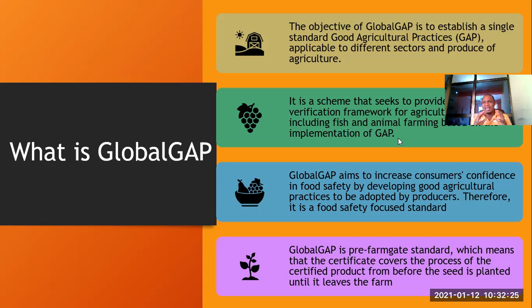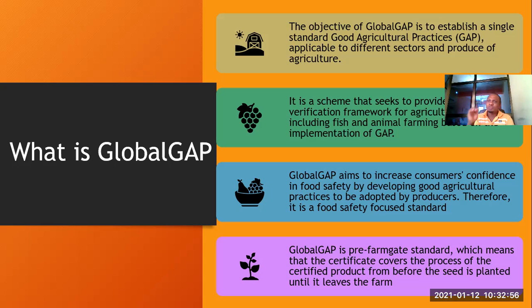So as a certification entity or as a standard developing entity, GlobalGAP has been established. Their aim is to establish a single standard for good agricultural practices applicable to different sectors and produce of agriculture. So this is the basic objective of GlobalGAP as an organization.